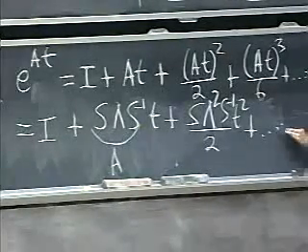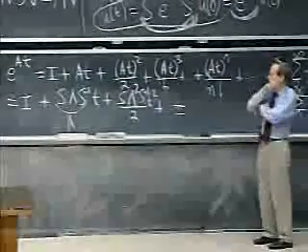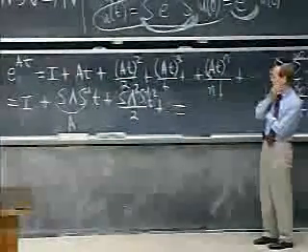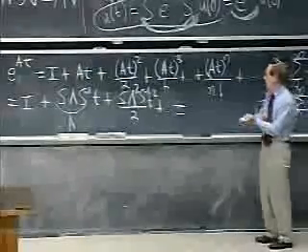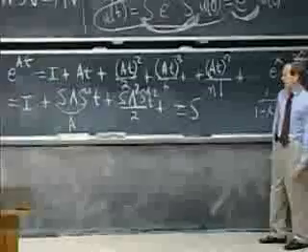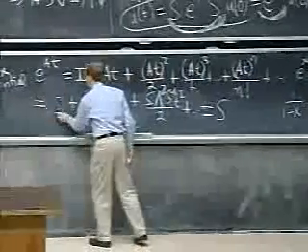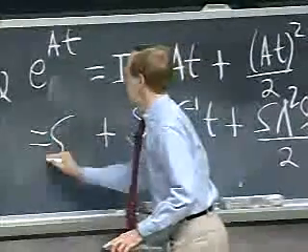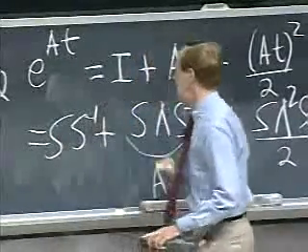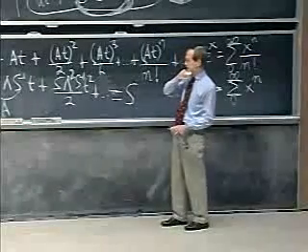And now, what do I do now? I want to pull an S out from everything. I want an S out of the whole thing. Oh, look, I better write the identity how. I want to be able to pull an S out and an S inverse out from the other side, so I just write the identity as S times S inverse.